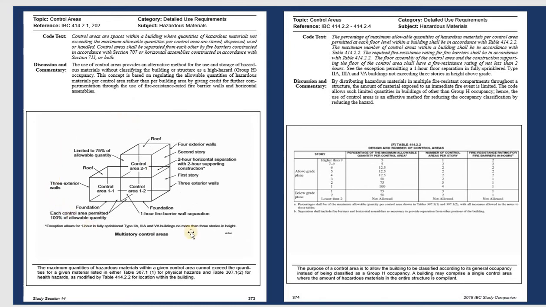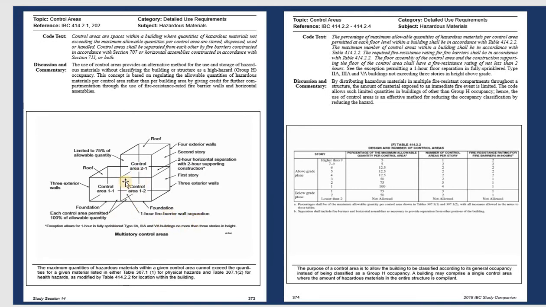If we have an example for this one, we have 3 buildings like this, and we have levels, the first, the second, and the third. The first one, they have 3 exterior walls, this one side and then back, same thing with this one, front, side, and back. But on the top one, we have 1 2 3, 1 2 3 4 sides, 4 sides exterior wall, and all of them should be fire rate 1 hour.